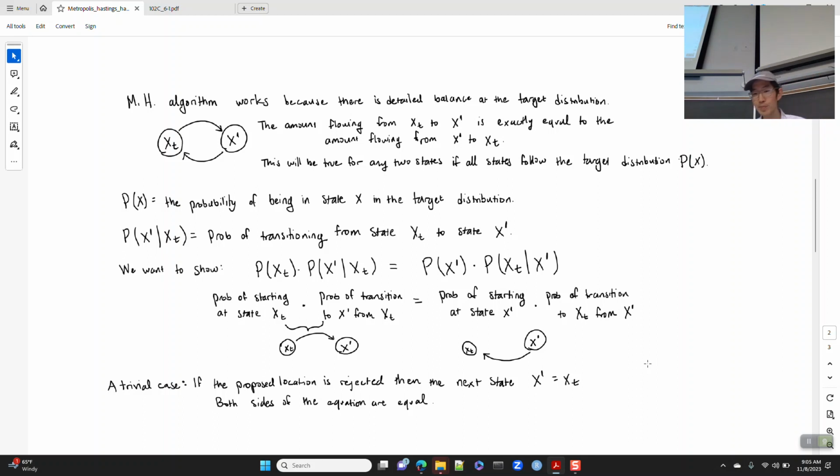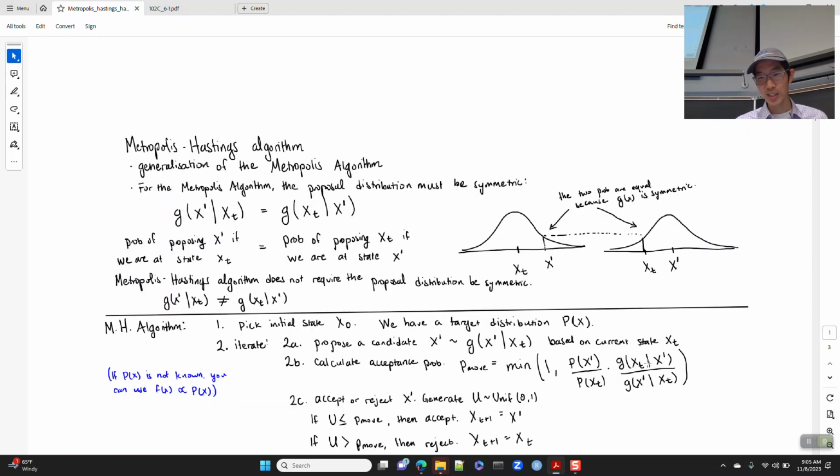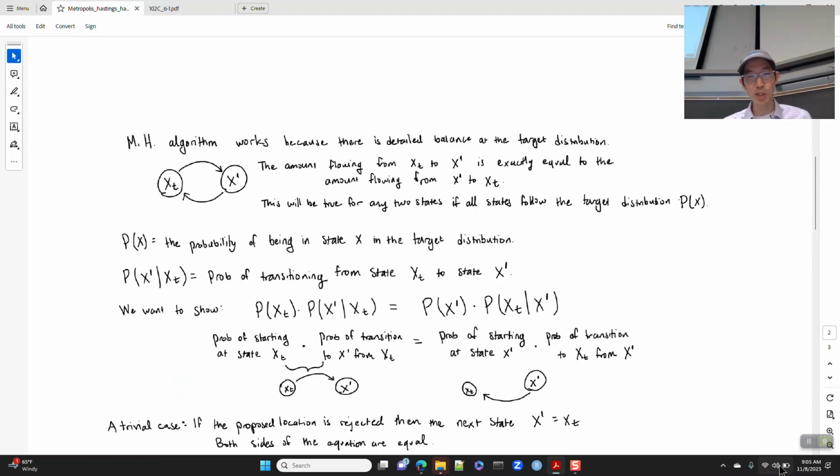And so I wanted to demonstrate mathematically that this algorithm works. We'll show that it works for the Metropolis Hastings case, and if it works for the Metropolis Hastings case, then it will work for the Metropolis algorithm, which is a special case of Metropolis Hastings where g of x is symmetric.